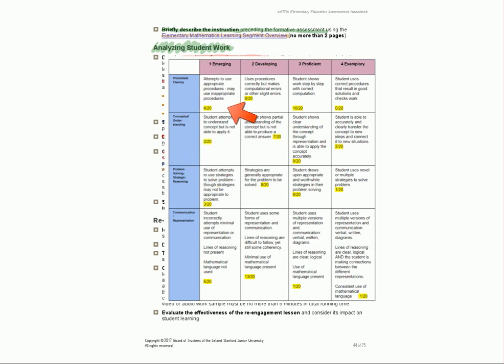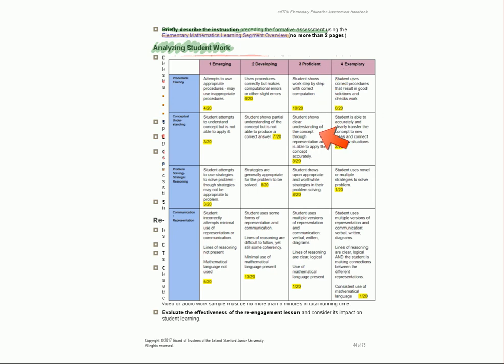And in this particular rubric, you can see that the descriptors set out what levels of understanding might be evident. So if we take procedural fluency, emerging, or the lowest level, attempts to use appropriate procedures, may use inappropriate procedures. The next level up, developing, uses procedures correctly but makes computational errors or other slight errors.